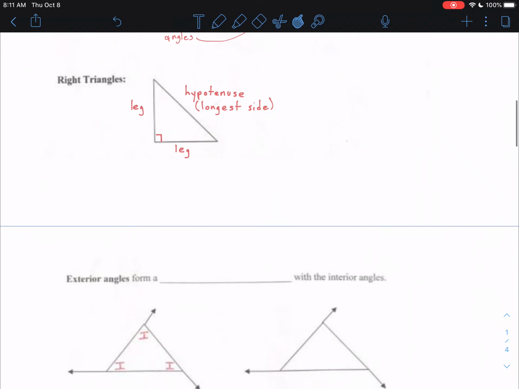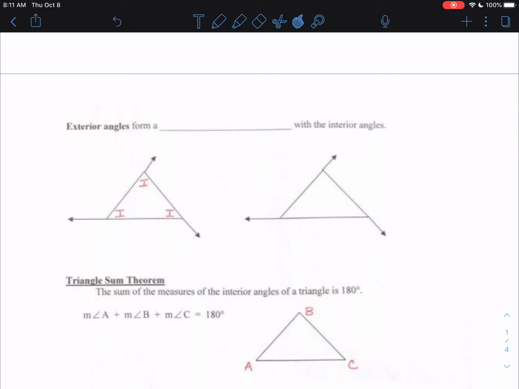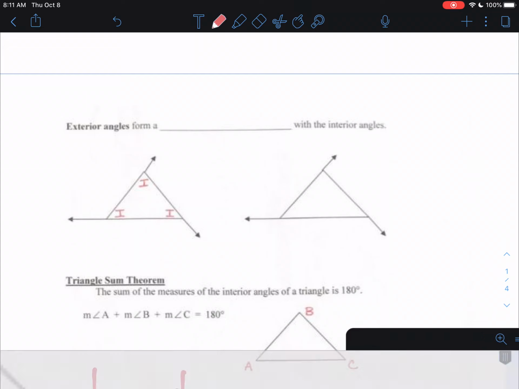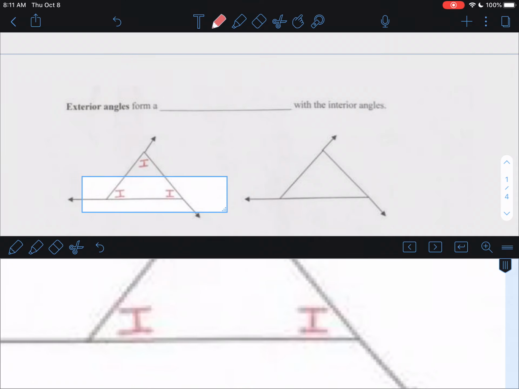All right. And then we have these theorems and rules about triangles. So the interior angles of a triangle just means the angles that are inside the triangle.